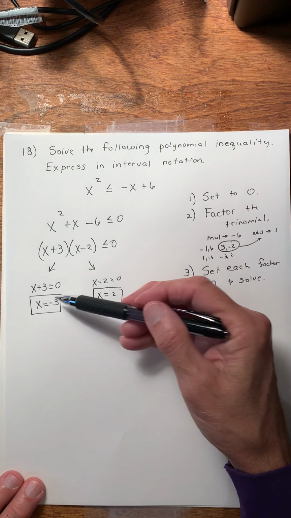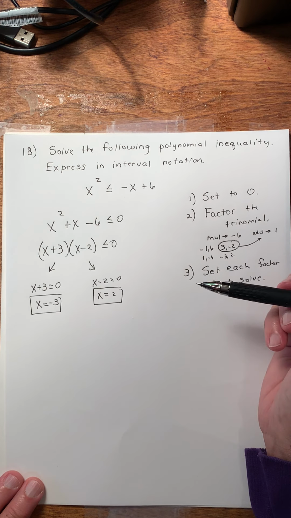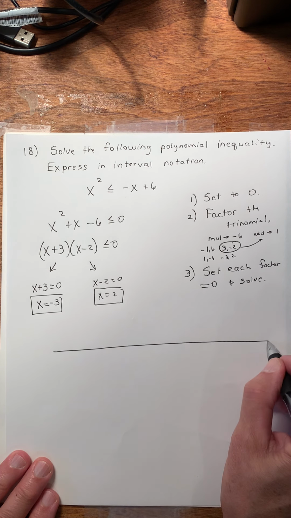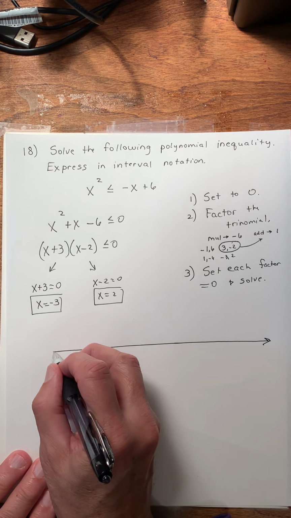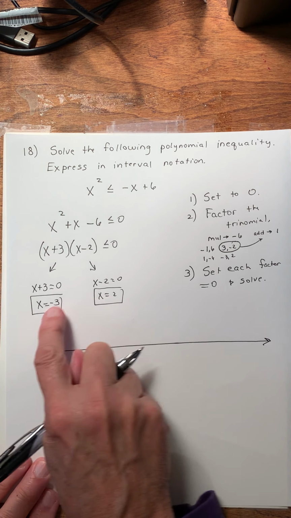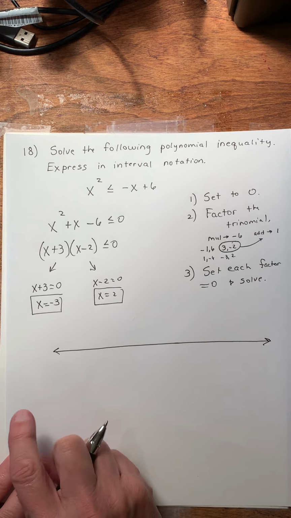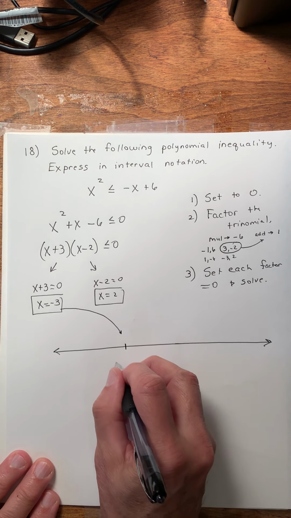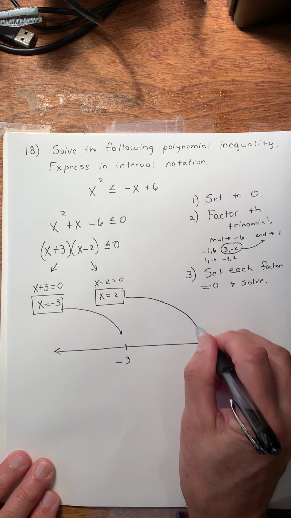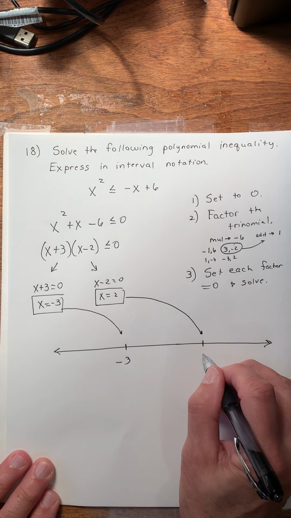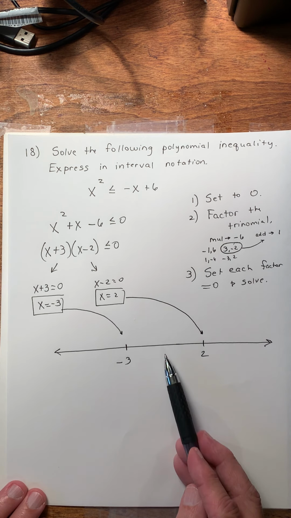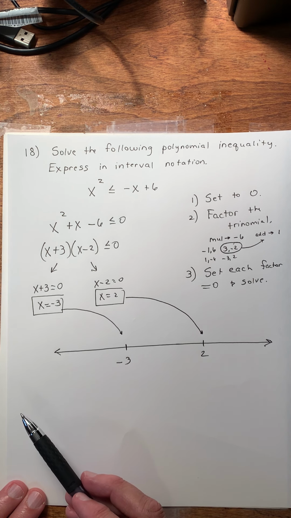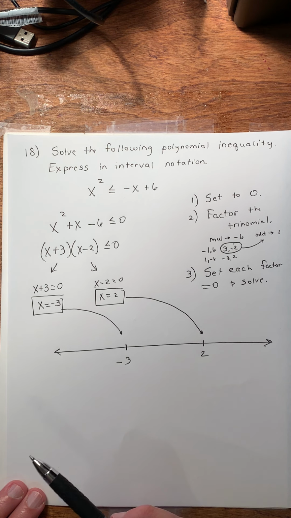If this was an equation, that would be my solution right there. I'd be finished. But an inequality says my solution set is going to be part of the number line. These two values are my critical values. They mark the number line. So -3 and +2. Now, notice I did not put a 0 in there. Why? Because it's not one of my critical values. Only put your critical values on the number line.